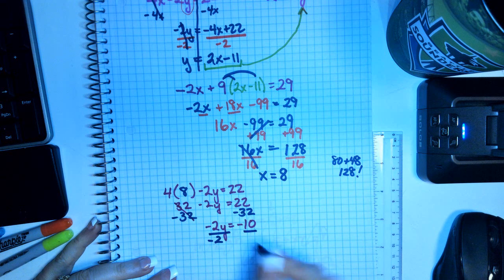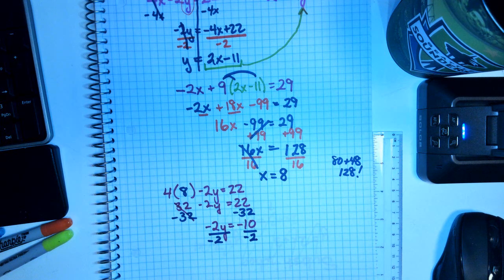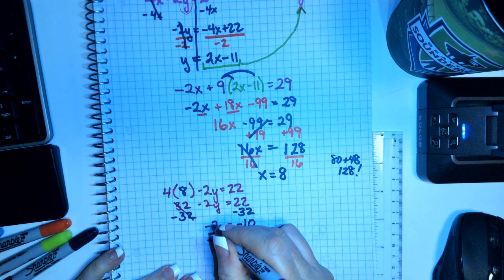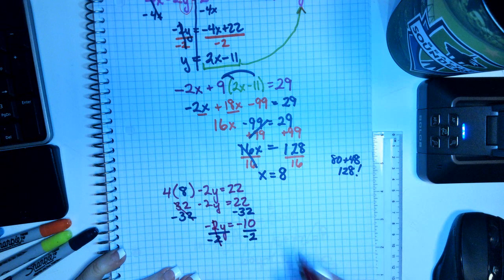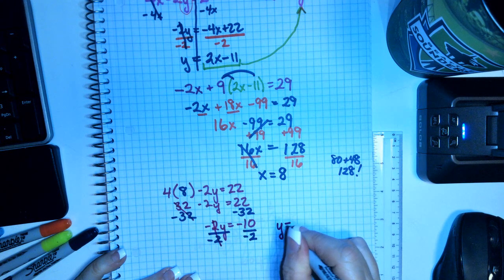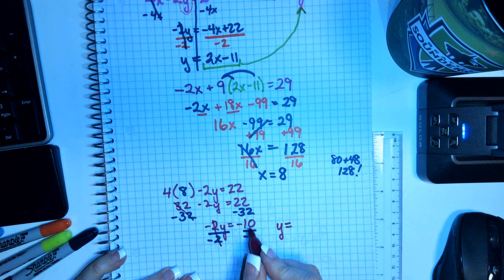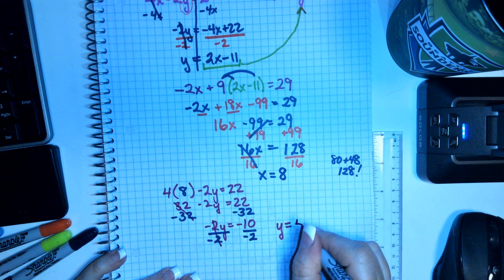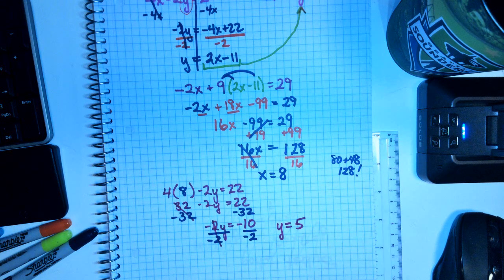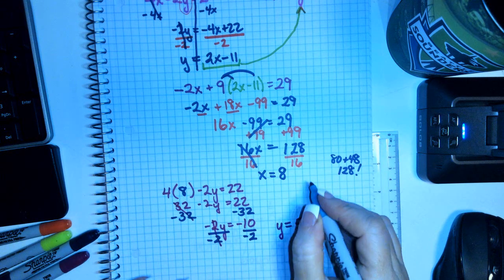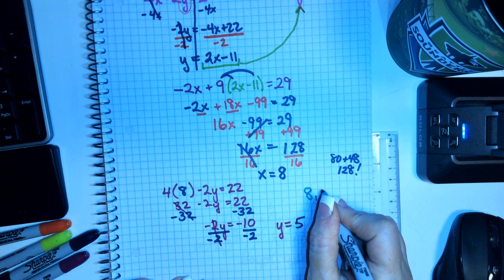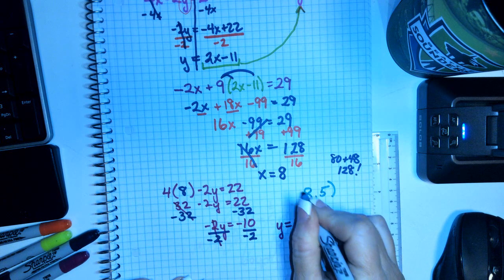I almost said subtract. Divide by negative 2 and divide by negative 2. Negative 2 divided by negative 2 is 1. So I have y equals negative 10 divided by negative 2 is 5. So it looks like my solution here is 8, 5.